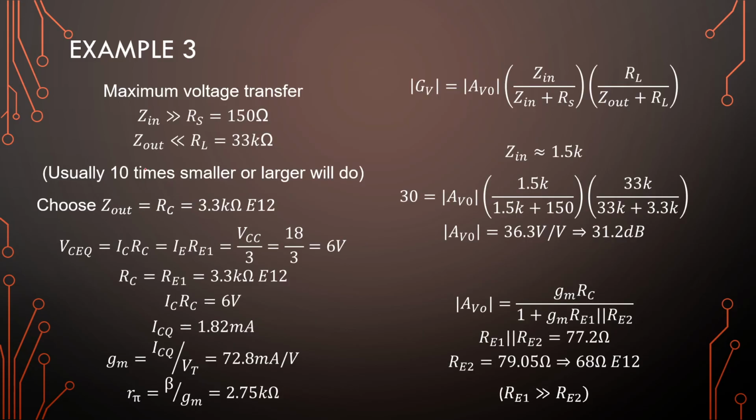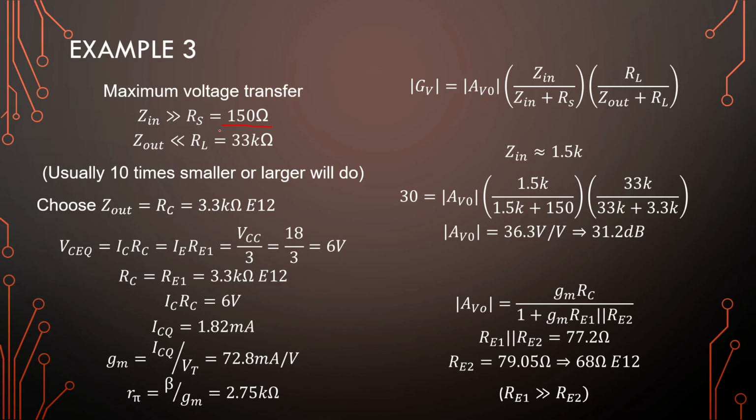Okay, input and output impedance. So Zin must be greater than Rs. So 150 ohms, 1.5 kilo ohms is larger. We can typically go with anything larger than that. 10 times would do, 20 times would do, as long as the specification is reachable.